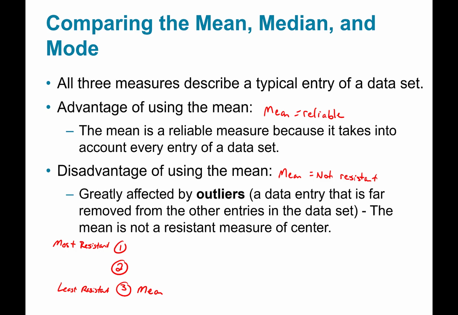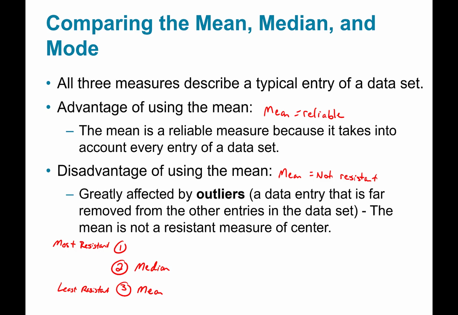The next one up, a little bit more resistant to outliers, is our median. The median is slightly better in relation to outliers because if you only have one or two data values that are really way off, you're not taking into account the value of those, you're just taking into account the position.